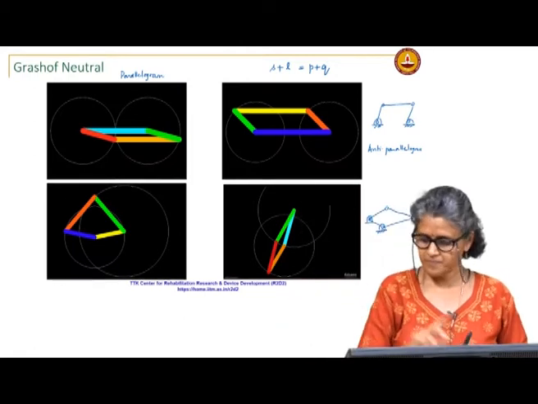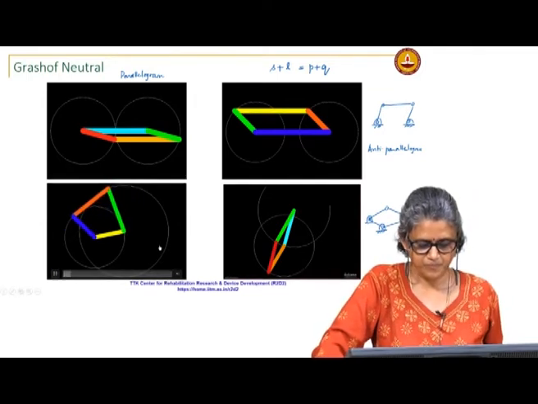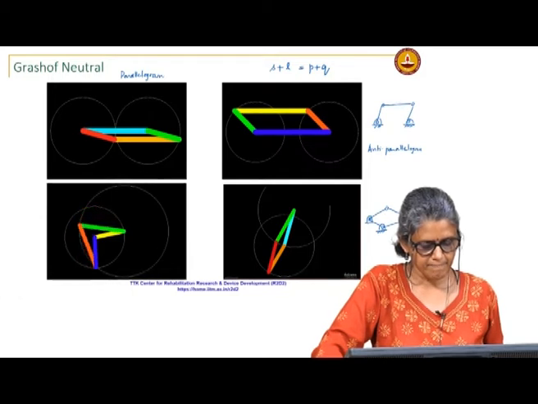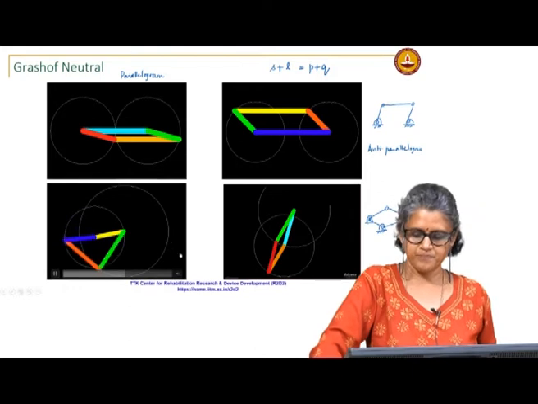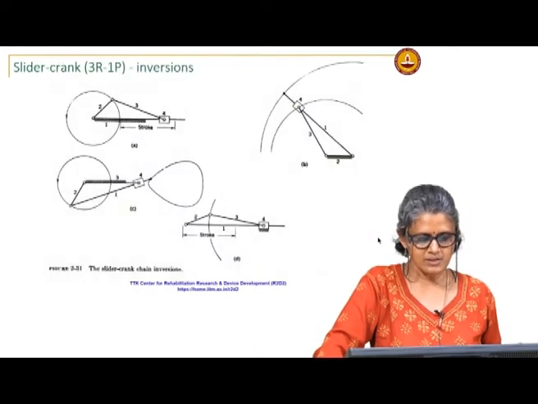You can see that here. So, these are the Grashof neutral mechanisms.